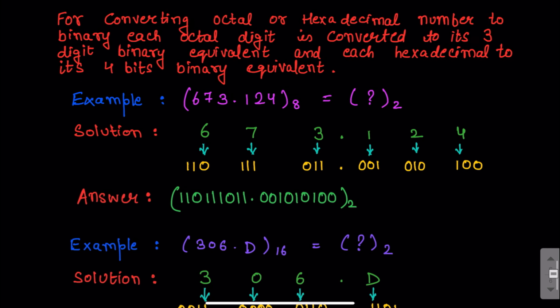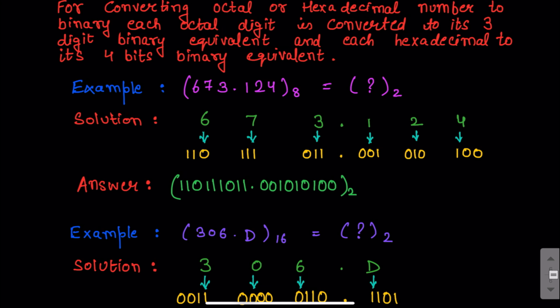Then if I want to do the other way around, you want to convert the octal or hexadecimal to binary, then it's very simple. You just need to write the 3-bit equivalent in case of octal conversion and 4-bit equivalent in case of hexadecimal conversion. So as an example, if I have 673.124, it is an octal number.